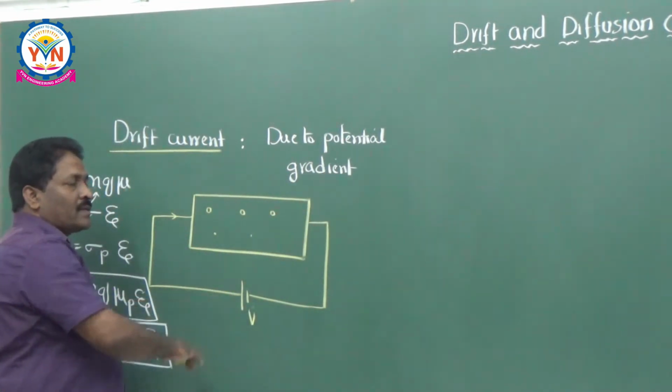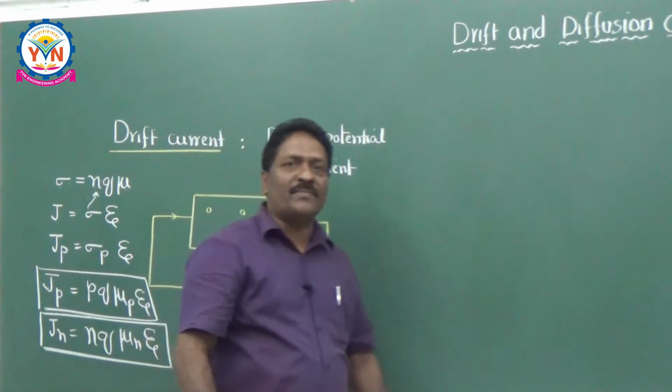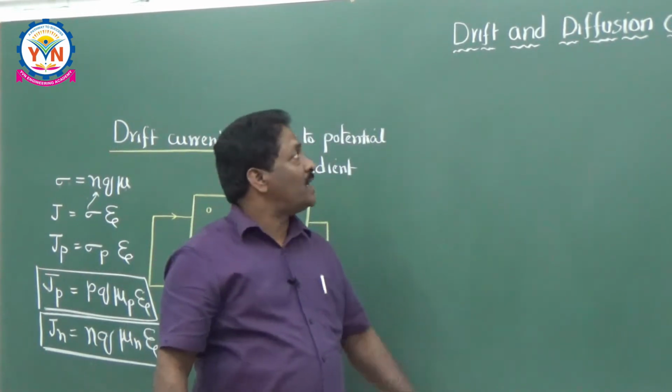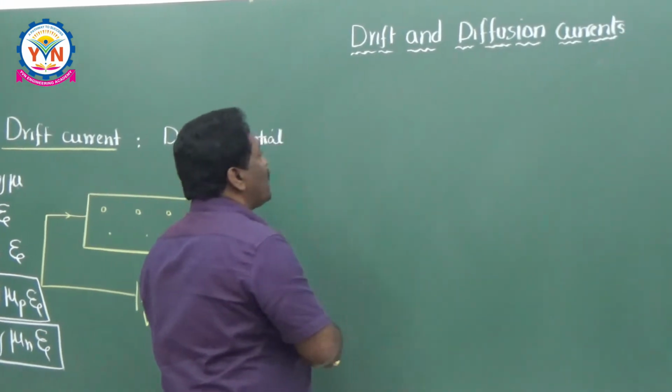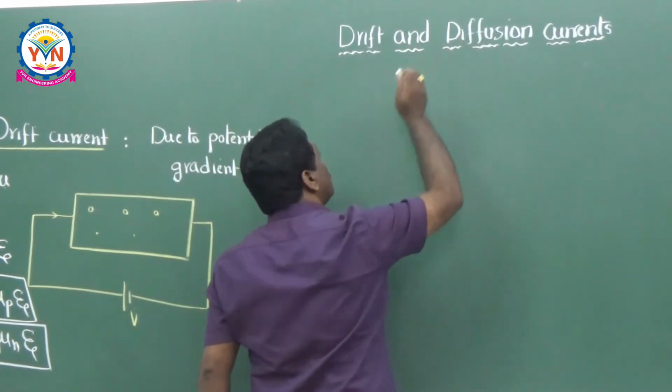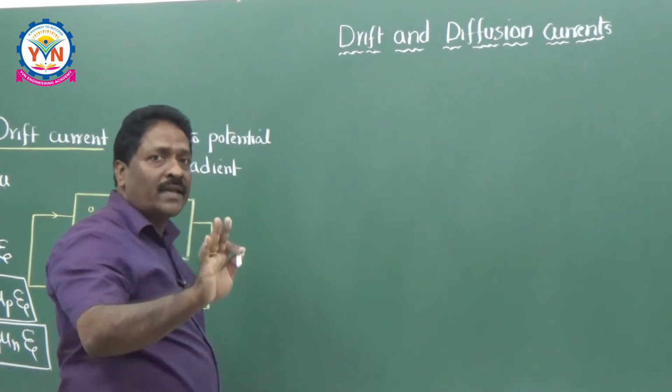But in this class, the most important concept of semiconductors we are going to discuss is the diffusion current. What do we mean by diffusion current and what exactly is this diffusion concept? So listen carefully.